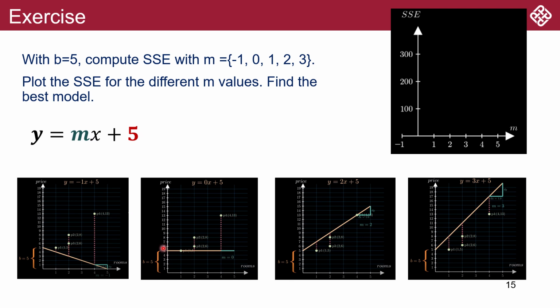It's still 5, 5, 5. We haven't changed the y-intercept, but we change the slope. The slope is changing from this point to this one, anti-clockwise, right? We change the slope by rotating the line. So you can repeat and then calculate the SSE.